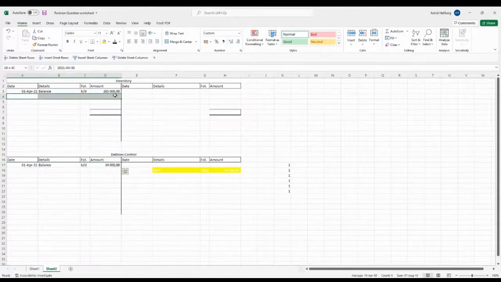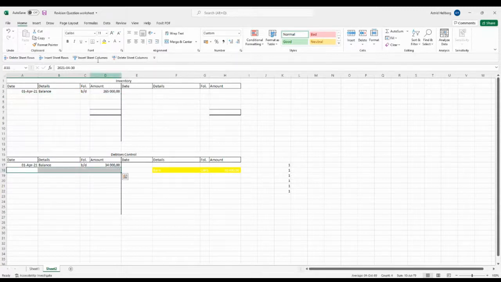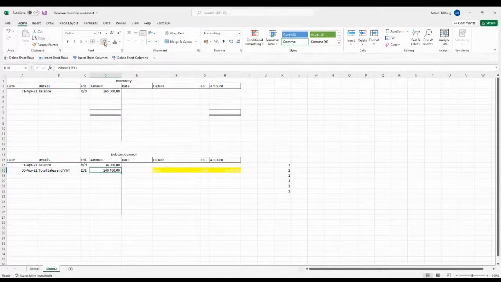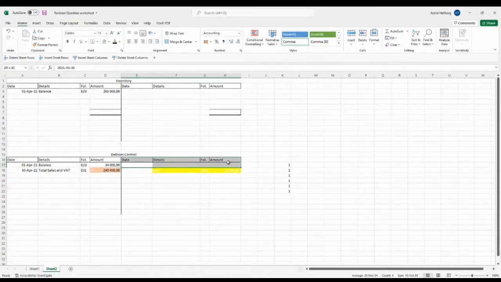So we increase our debtors control with, sorry, that's the purchases, with total sales and VAT of 240,400, which comes out of here. Then we returned 25,000 that we need to account for, so we are going to reduce our debtors control with 25,000.